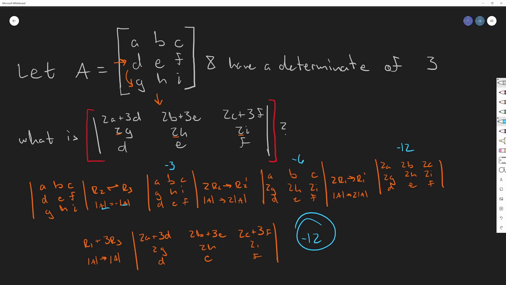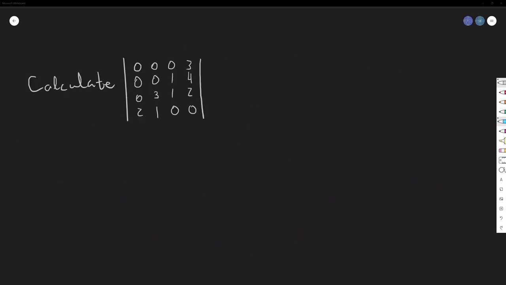Now we're going to move on to the second question. The second question asks us to calculate the determinant of this 4x4 matrix. I did mention that to calculate the determinant of a matrix with dimension 3 or higher, you have to do square reduction. But in this case, we can see that you can convert this into a triangular matrix literally just by changing a couple of rows.